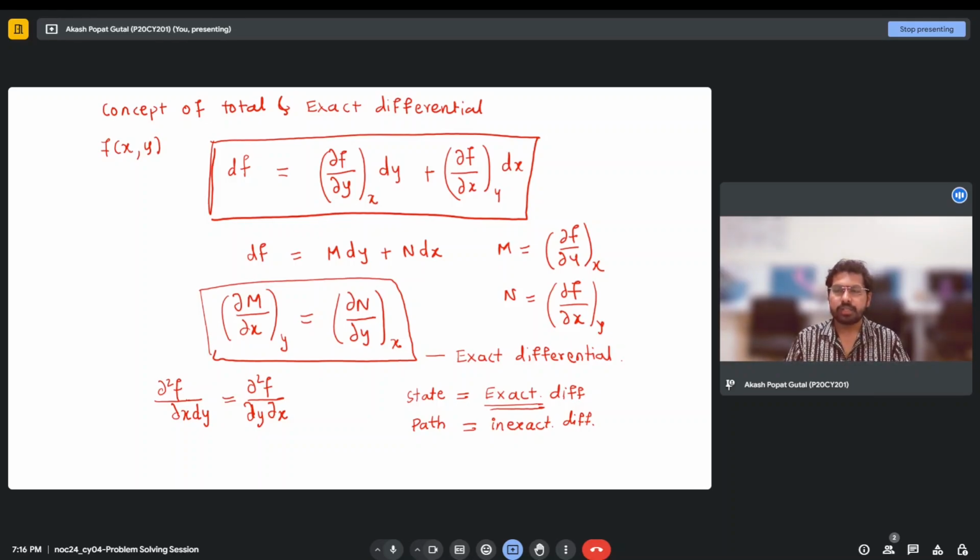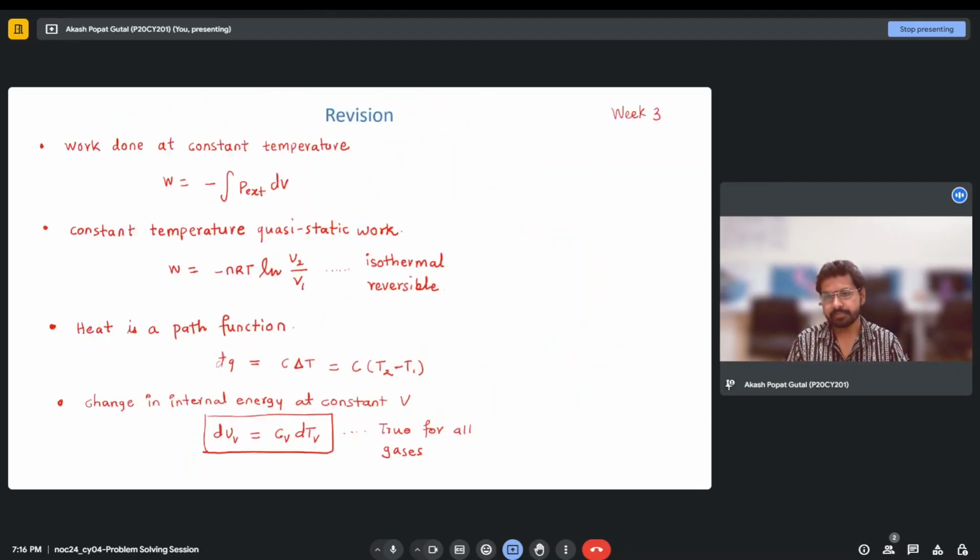We concluded that exact differentials are those functions for which the path taken doesn't matter; only the final state and initial state matter. So all state functions are exact differentials because they only depend upon the initial and the final states of your system.